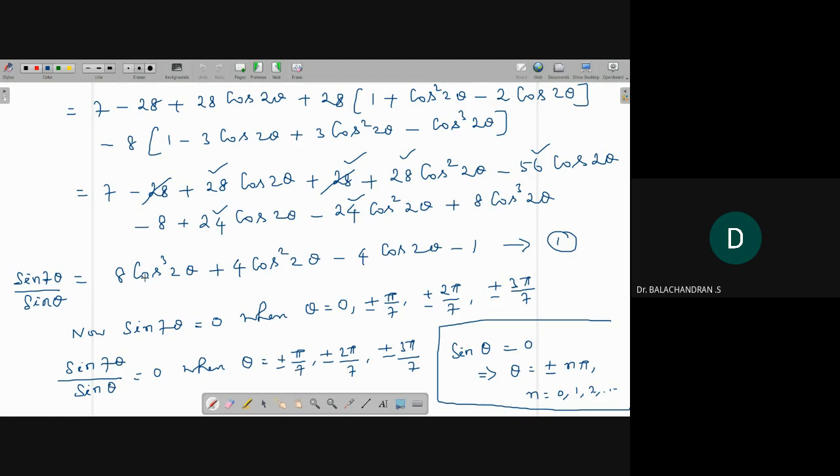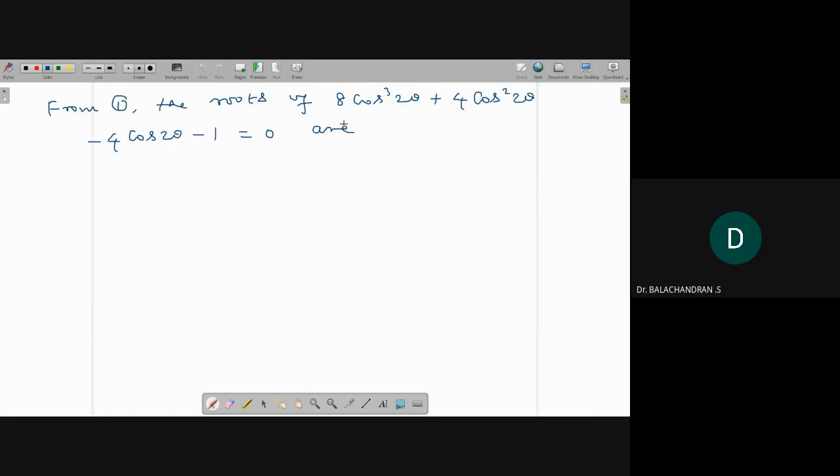Similarly, the right hand side also has the same roots. So that's why I'm writing here the roots of these equations are plus or minus pi by 7, plus or minus 2 pi by 7, plus or minus 3 pi by 7. I call this 2.